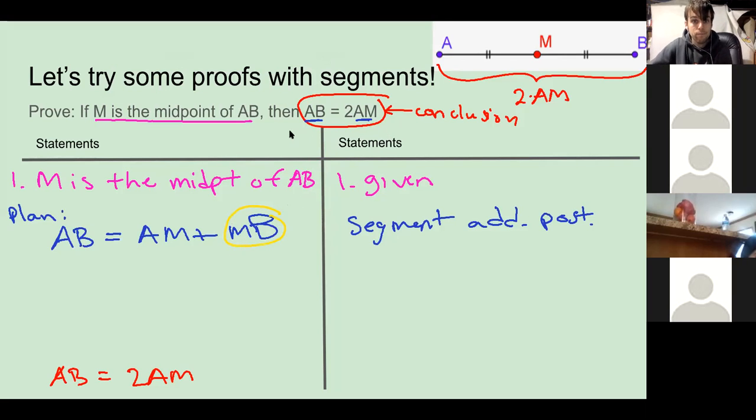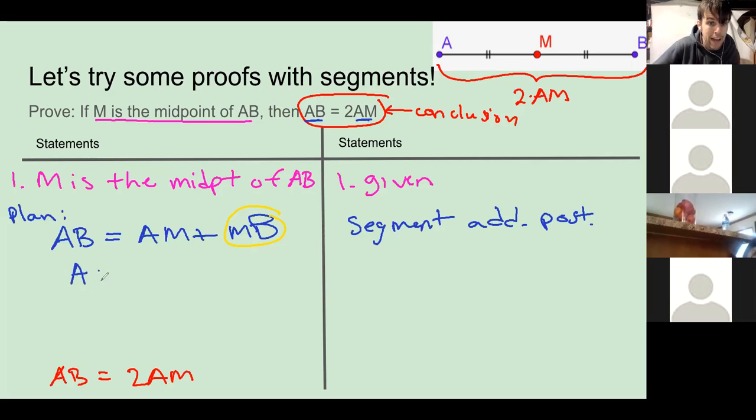The only other thing that I know that I haven't really used is our hypothesis. I haven't made use of what our hypothesis is trying to tell us yet. If M is the midpoint of AB, well, when you have a midpoint, that means that you have divided your segment into 2 equal pieces.